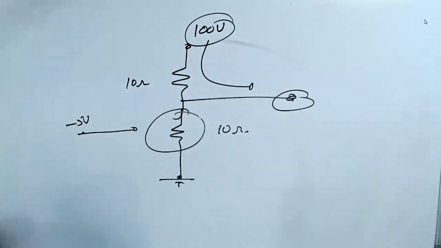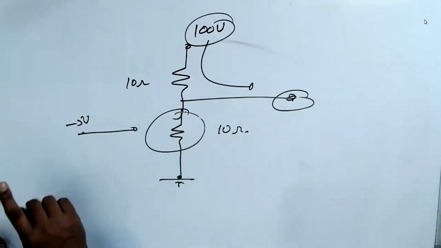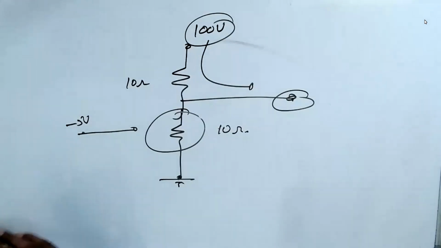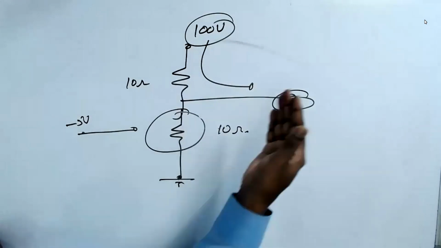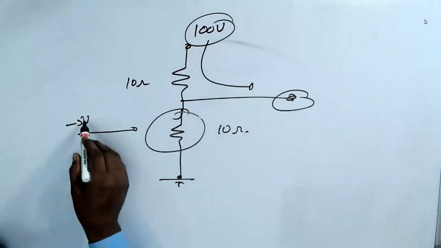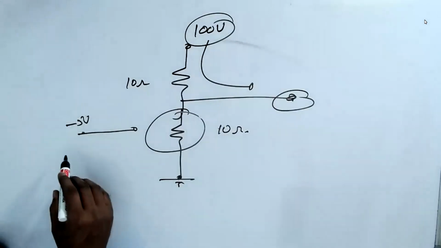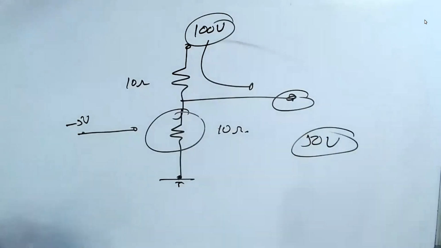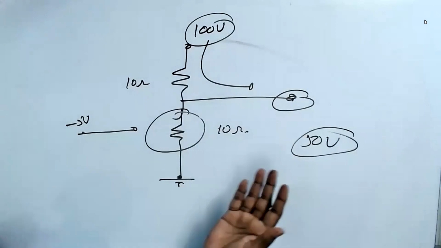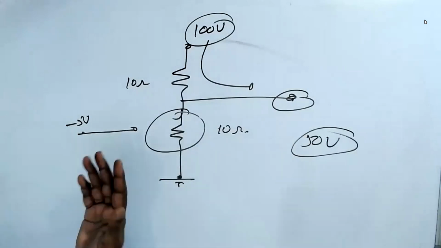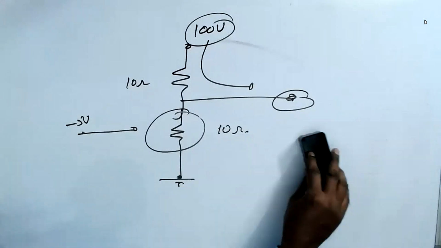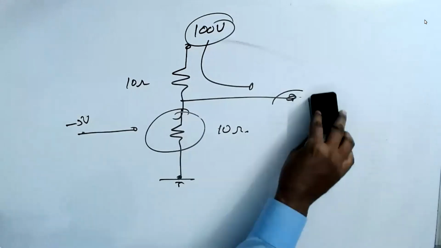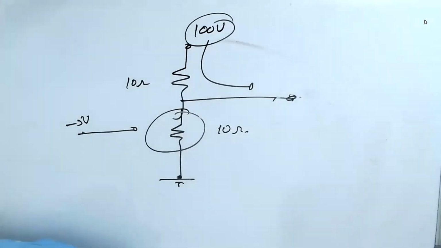Energy can never be created or destroyed. If you say amplification, that means your minus 5 volt becomes 50 volt. That is not possible. That's against the law of conservation. Am I right? Energy can never be created or destroyed.